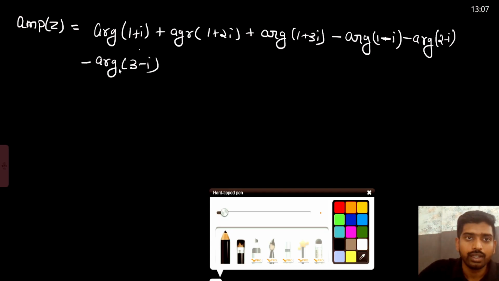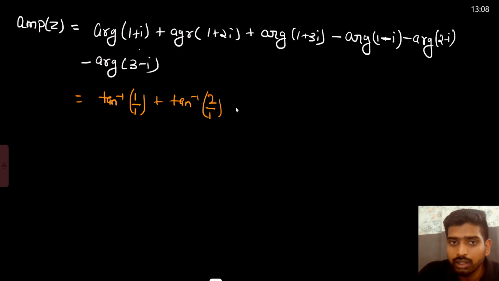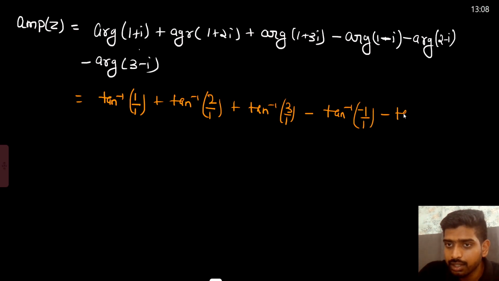This we will solve here. What is argument of 1 plus iota? This will be equal to tan inverse 1 upon 1 plus tan inverse of 2 upon 1 plus tan inverse of 3 upon 1 minus tan inverse of minus 1 by 1 minus tan inverse of minus 1 by 2 minus tan inverse of minus 1 by 3.